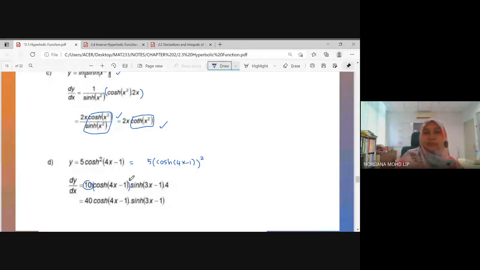And then differentiate the inside. Differentiating the inside, we get this: sin 4x. There is a typing error. Sin 4x minus 1 times 4. So this will also become 4.